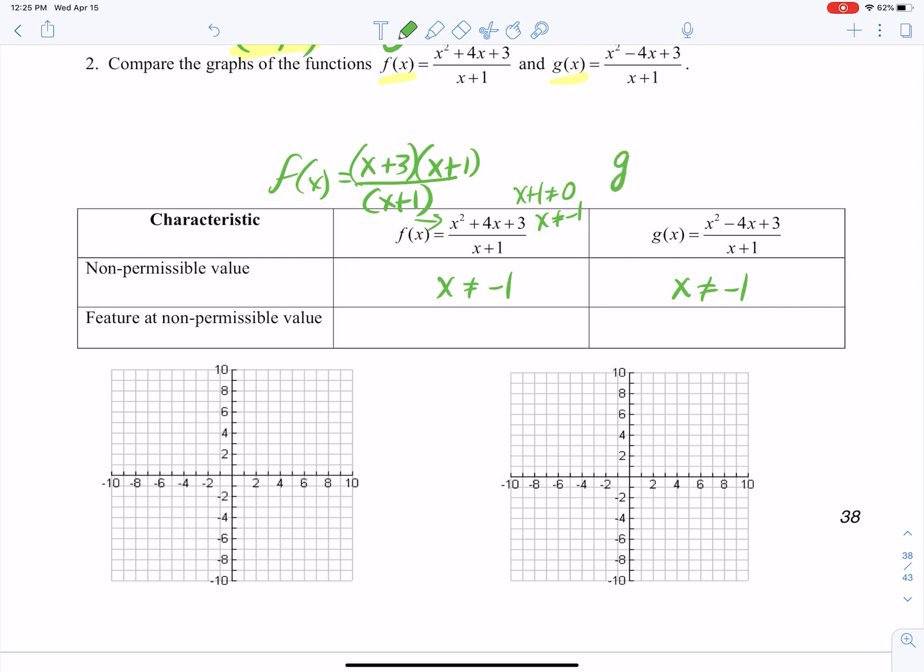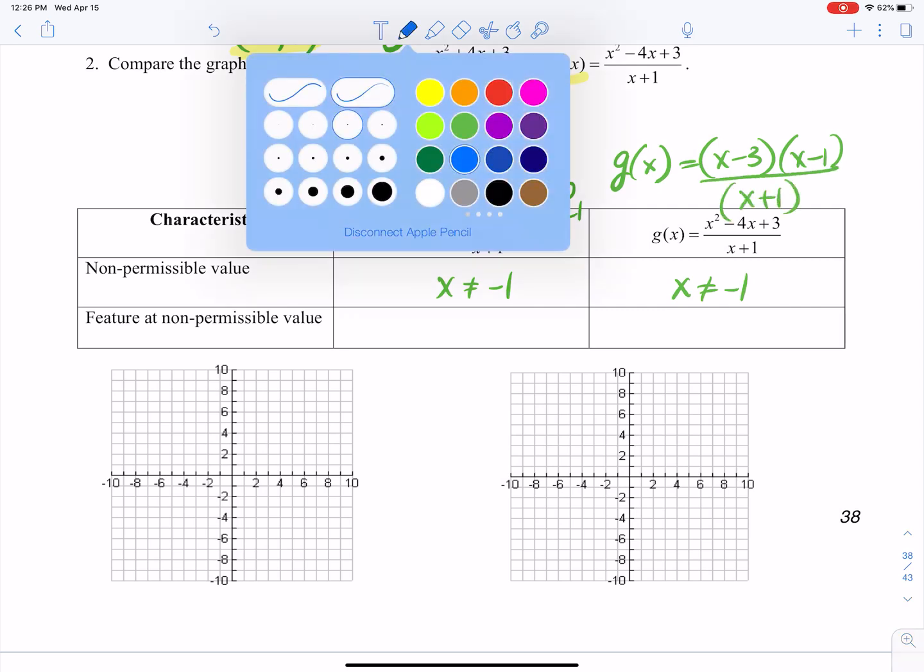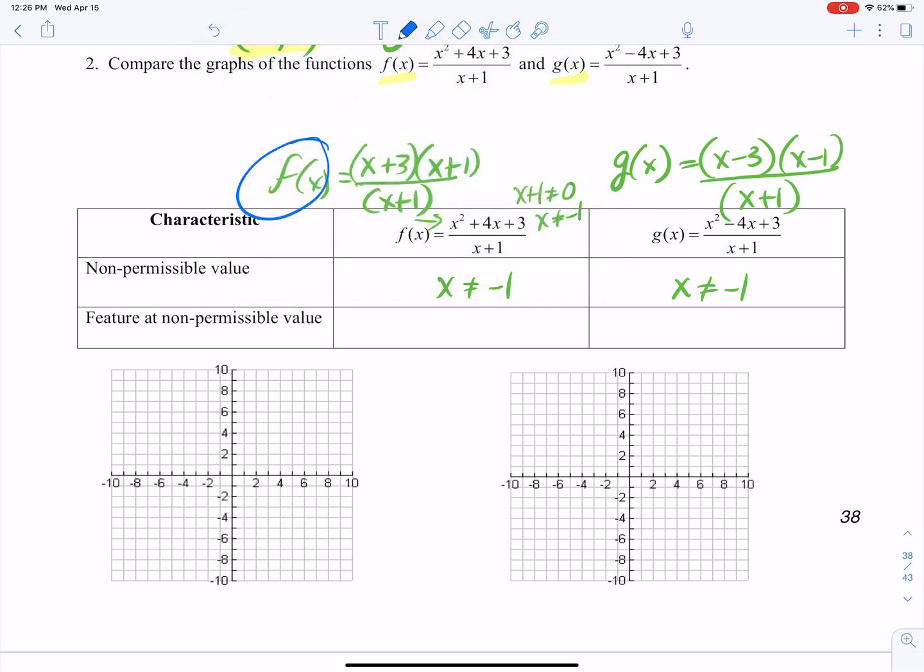And if I go ahead and factor g at x, that's going to give me x minus 3 times x minus 1 all over x plus 1. As we can see with the function f at x, these two cancel.